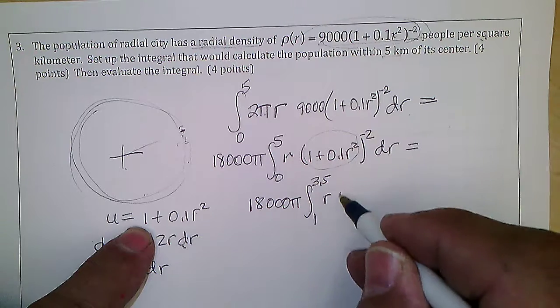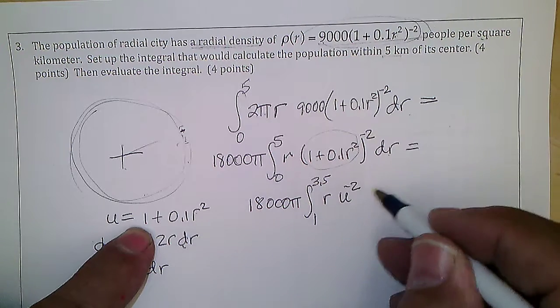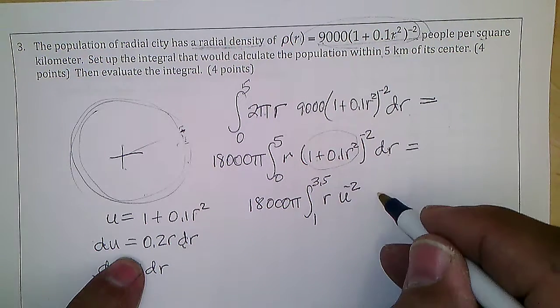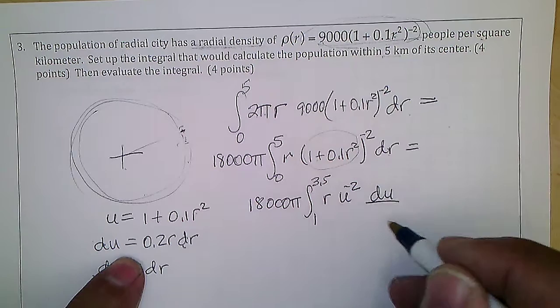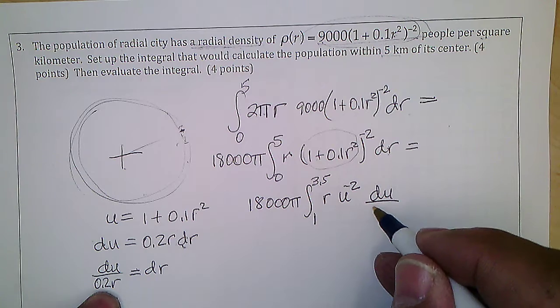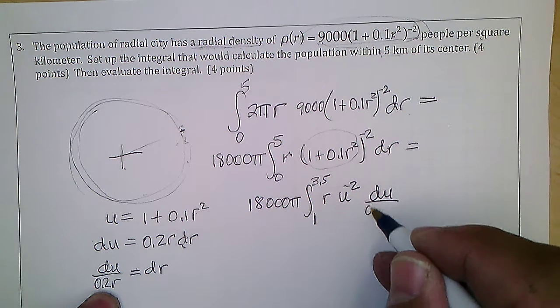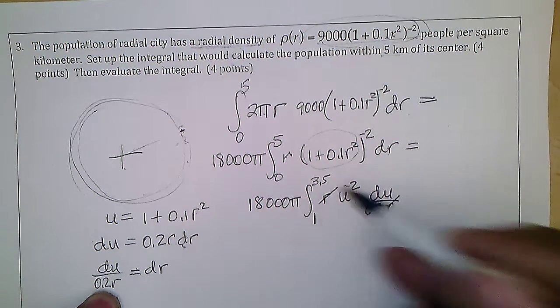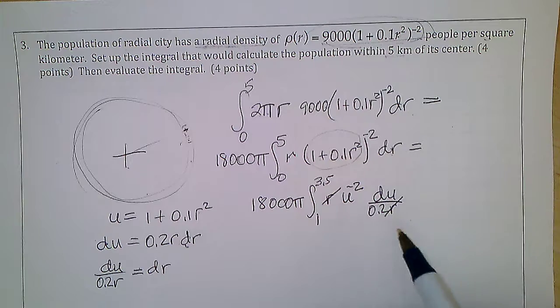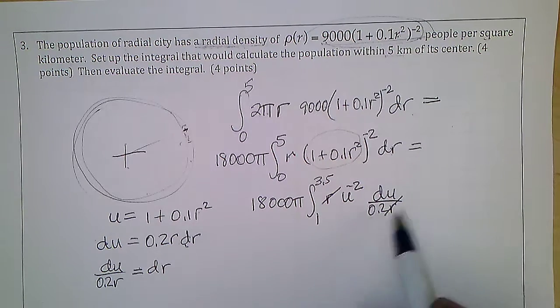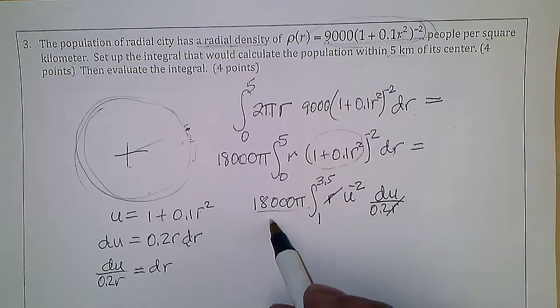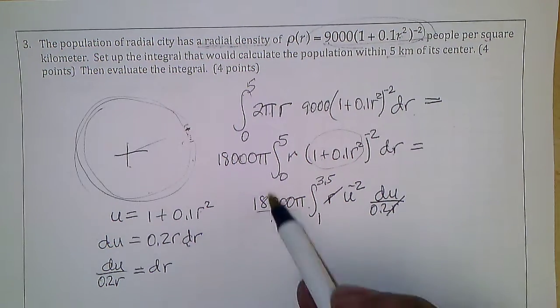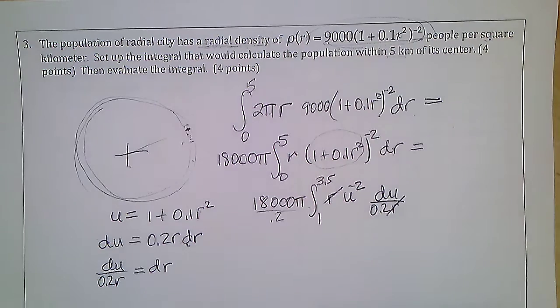We have u to the minus 2 and du over 0.2 r. The r's cancel. 0.2 is less than 1 when we pull it out and divide it in. Some people got a smaller number. It should get bigger because that's less than 1, so it's going to go in more times.